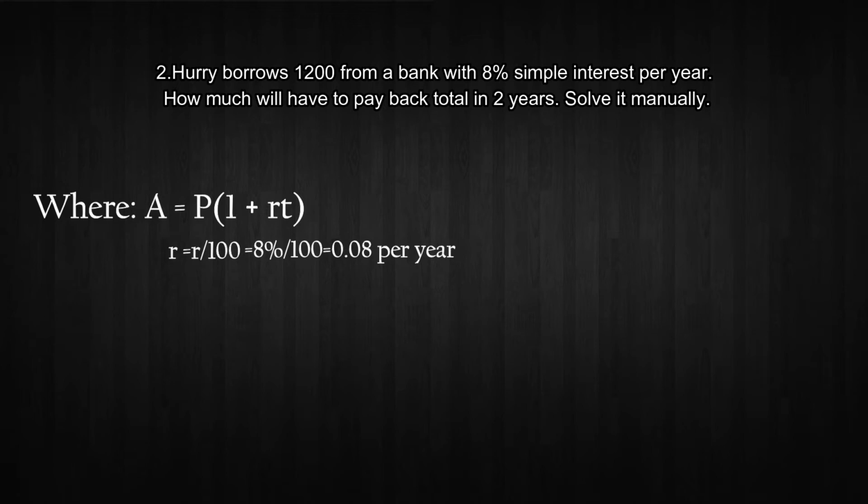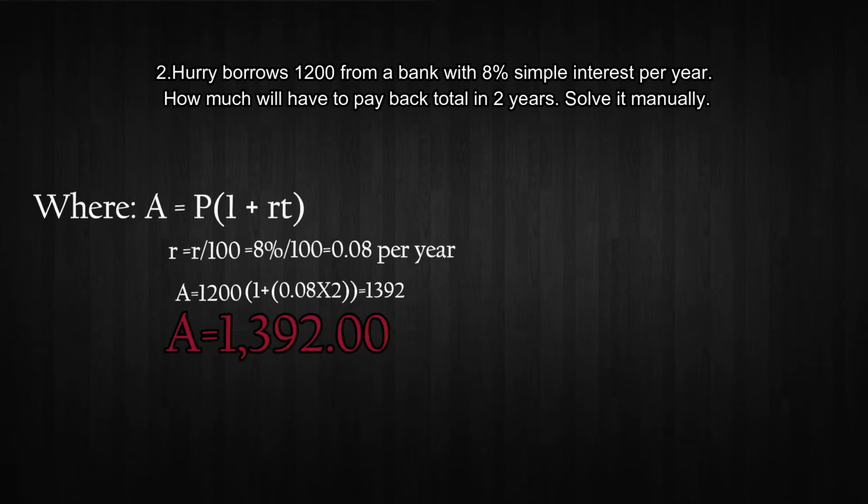The principal is 1,200 that Harry borrows, then 1 plus the interest rate times 2 years, or the time, is equal to 1,392. So 1,392 he needs to pay back in total in 2 years.